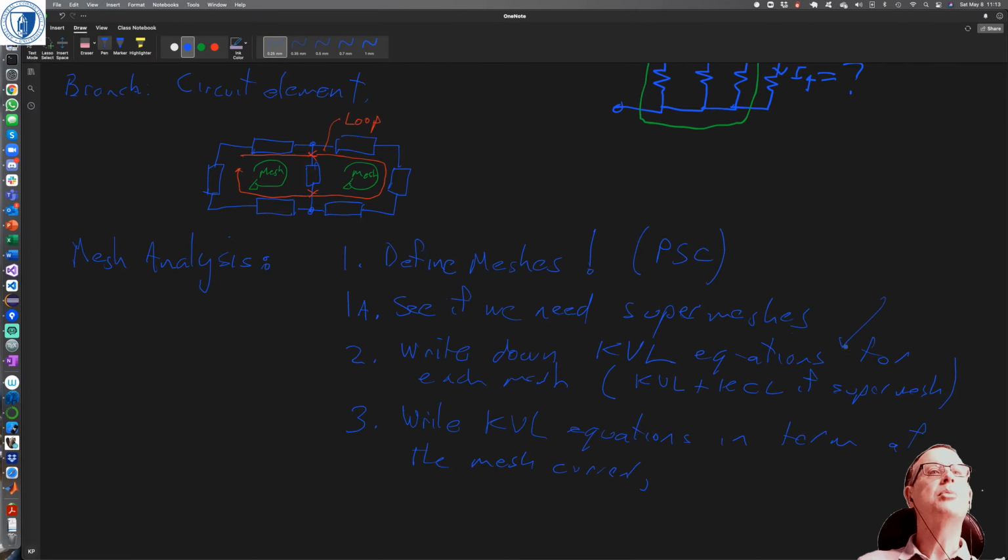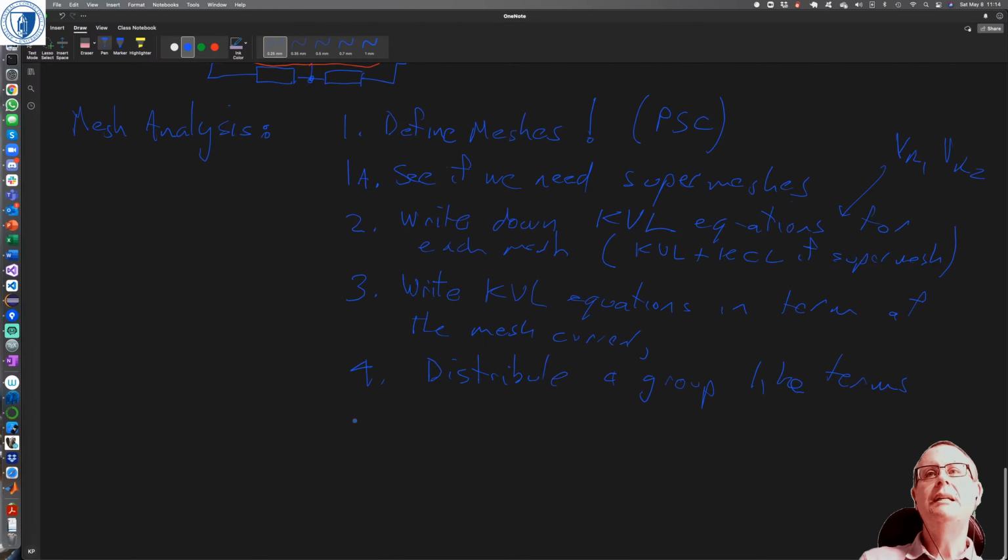In step 2, we probably could have just done VR1, VR2, etc. This is explicitly saying we need to write it in terms of I1, I2. Distribute and group like terms. And solve, probably using RREF for preference.